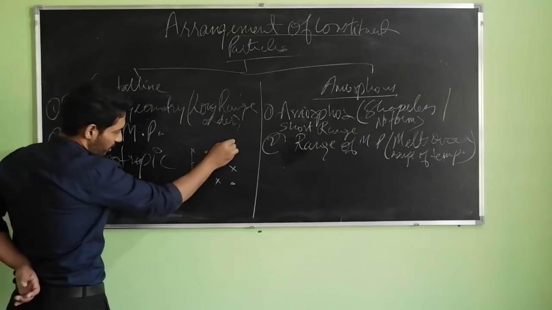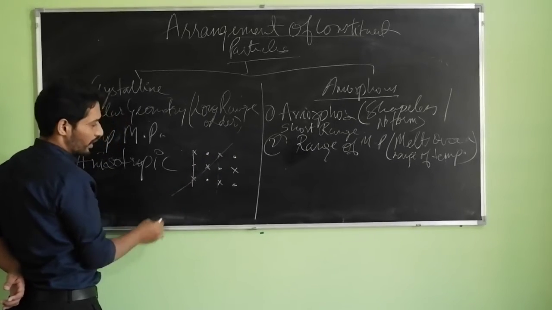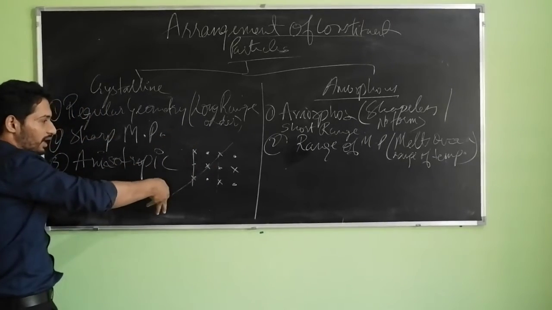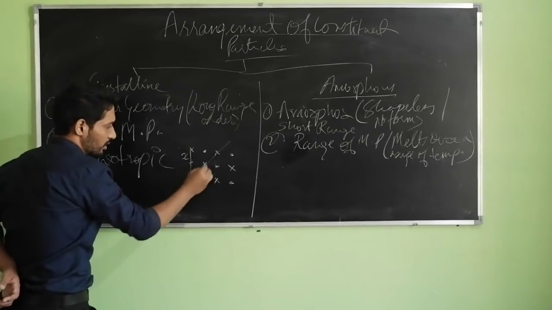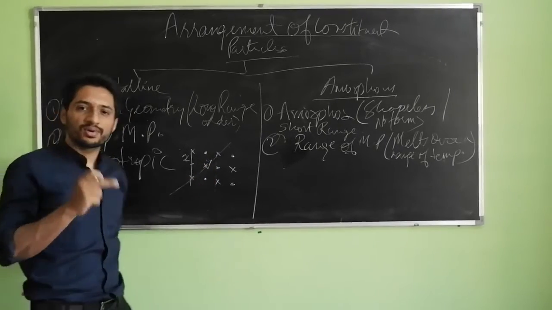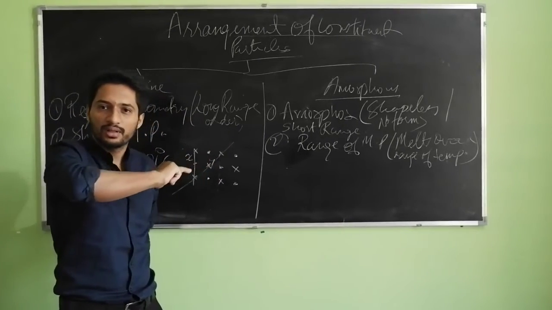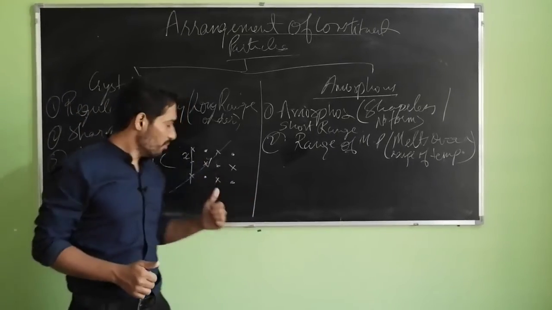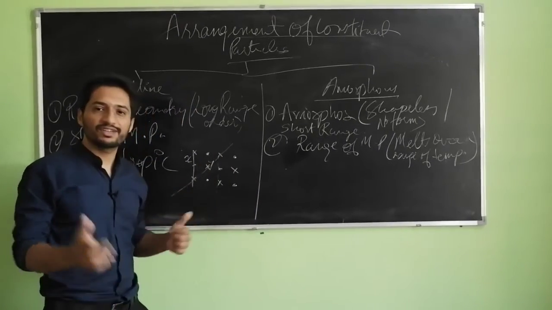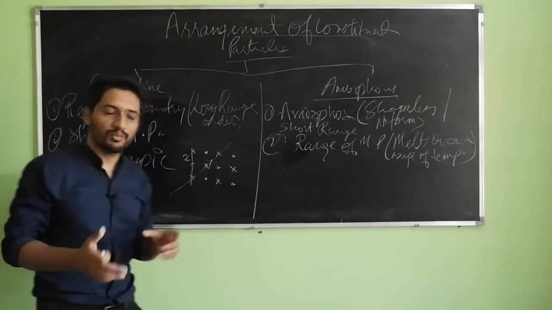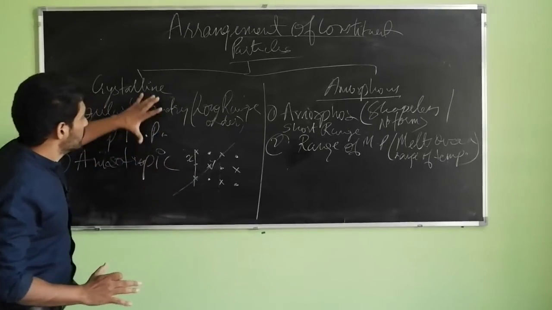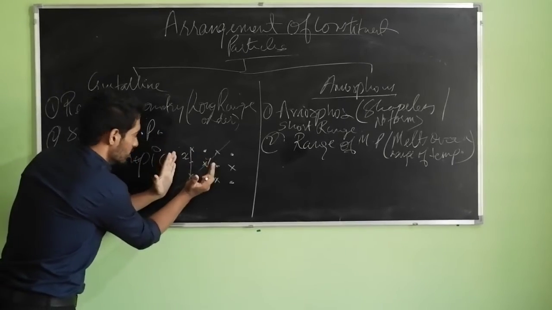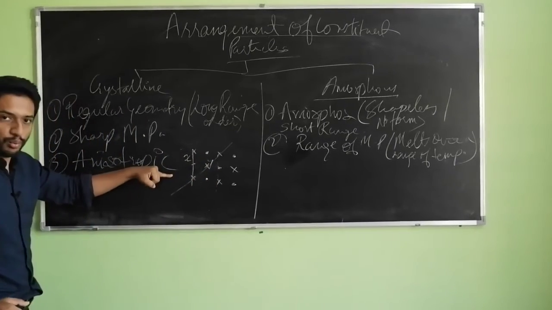However, if I move along this line, what do I see? I see cross, cross, cross. So along different lines, along this line X and Y, I see different atoms there. So due to this, if I measure any physical property, it will give me a different value. Because there is a regular arrangement, it becomes anisotropic.